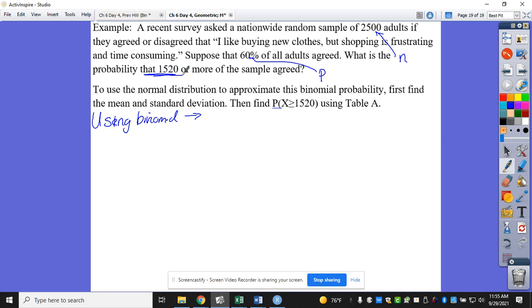And this is what I'm finding the probability of. So if I am doing binomial, I would be doing x is greater than or equal to 1520. How would I rewrite that? Probably that x is.